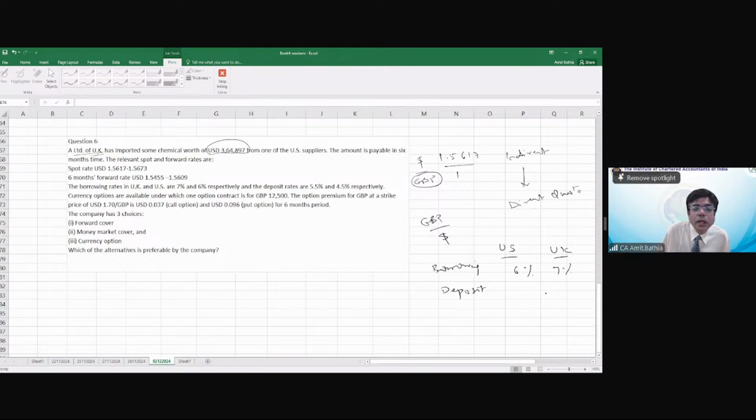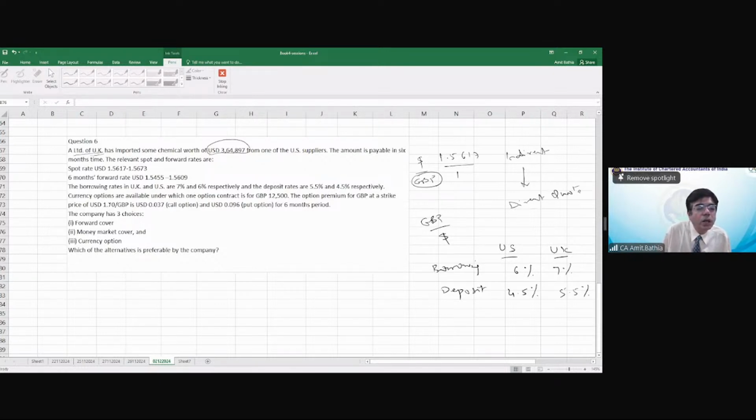And then deposit rates are 5.5% and 4.5% respectively. So 5.5 for UK and 4.5 for US. Try to convert the information which is given to you in literature form into a simple table format. In the working itself, it will make your life a lot easier.